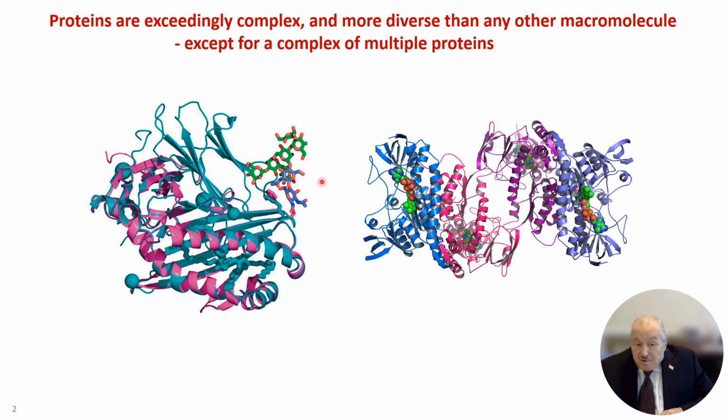First off, proteins are exceedingly complex. They're probably more diverse than any other macromolecules. Maybe carbohydrates are more diverse or more complicated, but they probably don't have as many repeated units. If you look at some of these protein structures, the one on the right looks like there's two globules there.